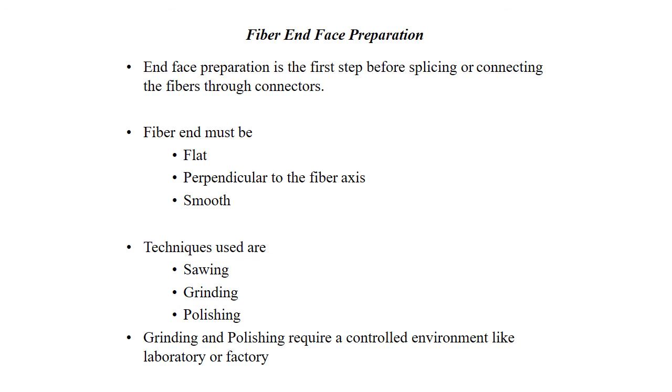Fiber grinding and polishing require a controlled environment like a laboratory or factory. The end faces are polished with each successive abrasive until all the scratches are removed and they become smooth. The number of abrasives used depends on the degree of smoothness desired.